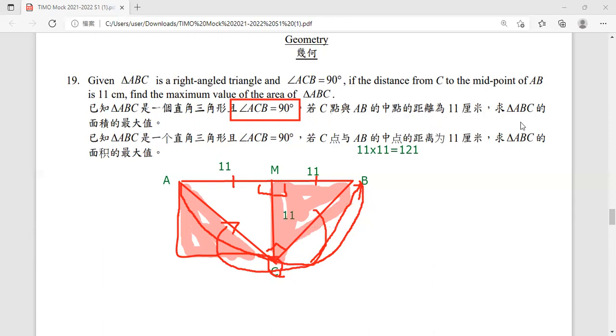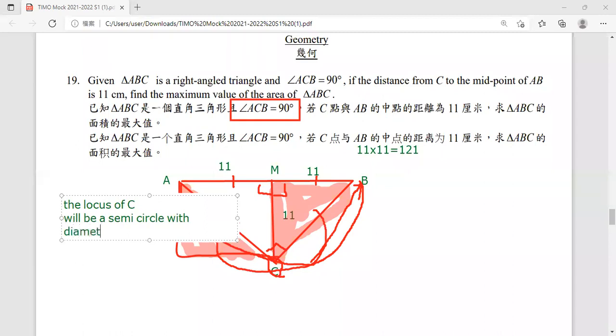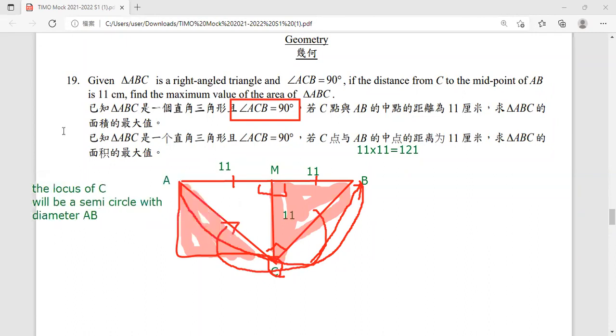I'm explaining that. Now, maybe I put it here. Okay.